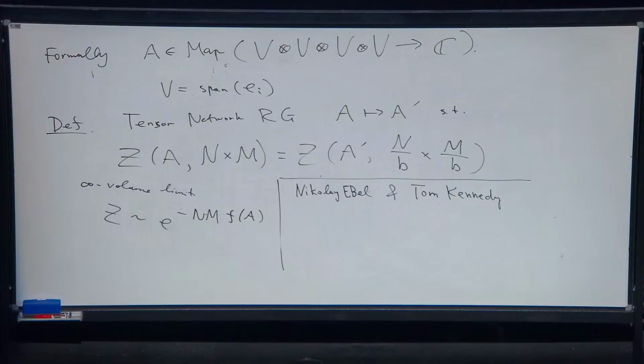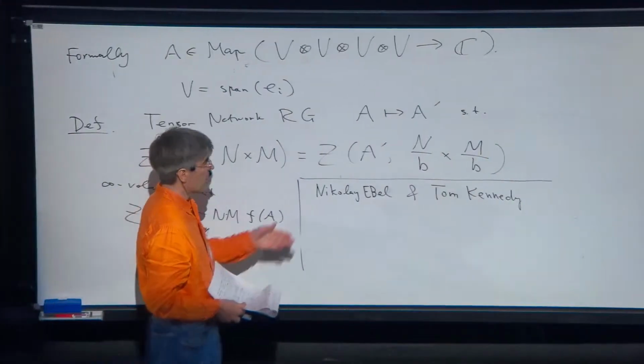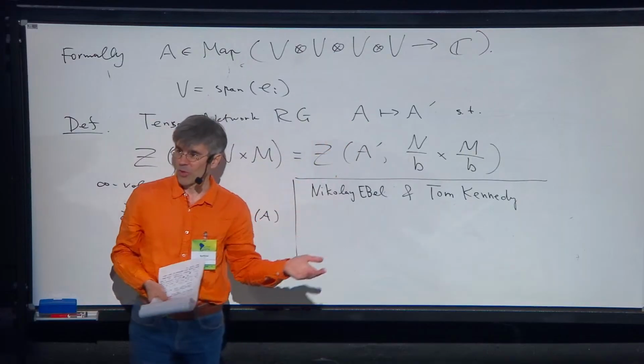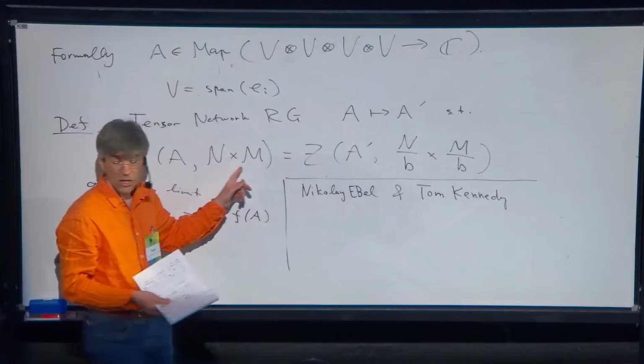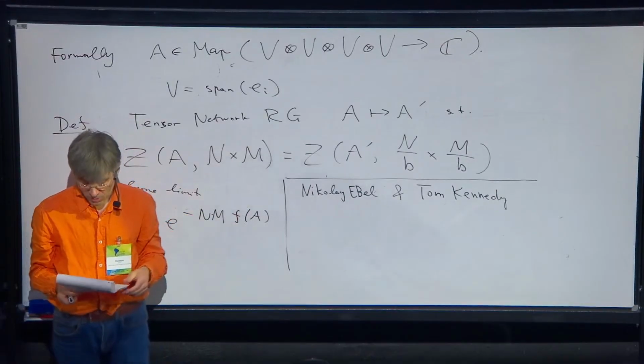Absolutely true. Because as we know, a renormalization group is a very flexible framework. There are many different renormalization group maps. So there are many different A primes which solve this equation. But the important thing here is that A prime doesn't depend on n and m. That's something I forgot to say.